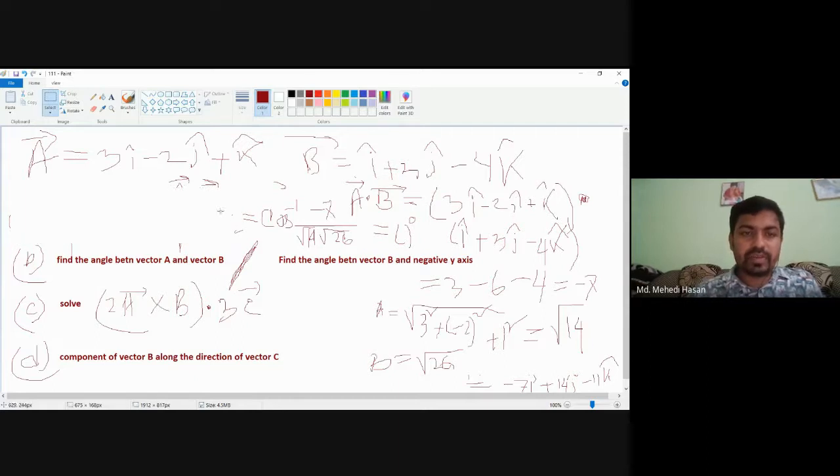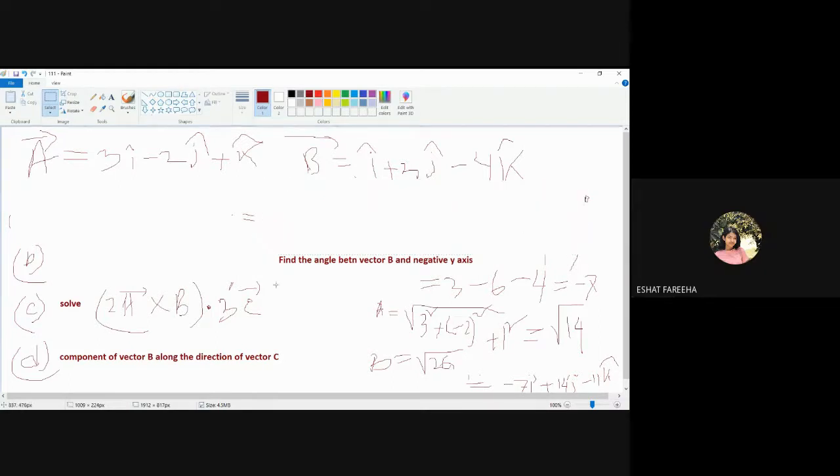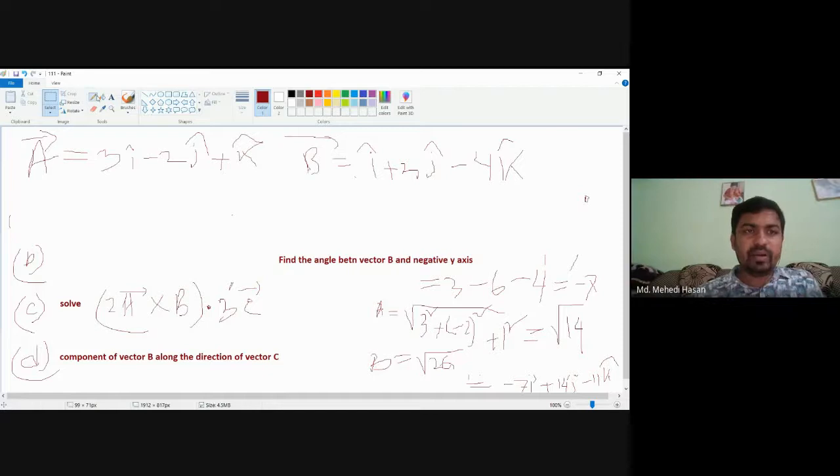So if the question is given like that, find the angle between vector B and negative y-axis. So how can we solve this? এটা কিভাবে সলভ করব, কি বলতে পারবা? 0i minus j plus 0k. Okay, so similar way. So in that case, the question is basically angle between vector B and negative y-axis. Just consider the same thing here.